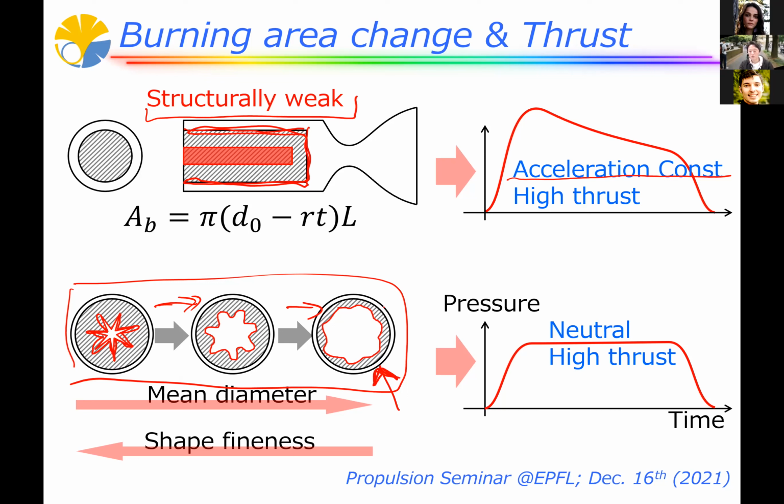However, fineness of the surface is reduced. So as a result, by using this kind of shape, we can realize almost constant pressure. Of course, we need a fine tuning of the shape, but this kind of idea works for actual solid motors.